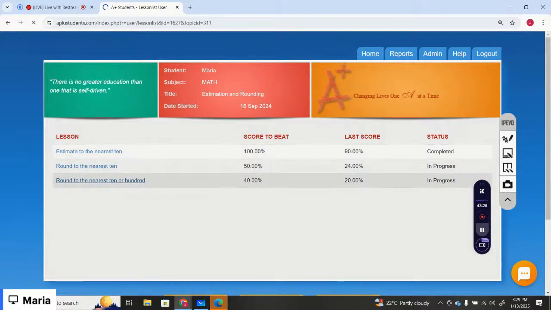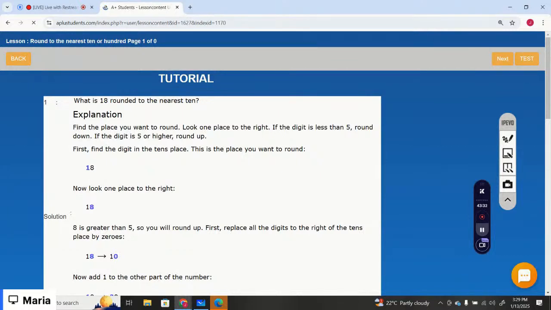The next lesson is round to nearest 10 or 100. What is 18 rounded to nearest 10?